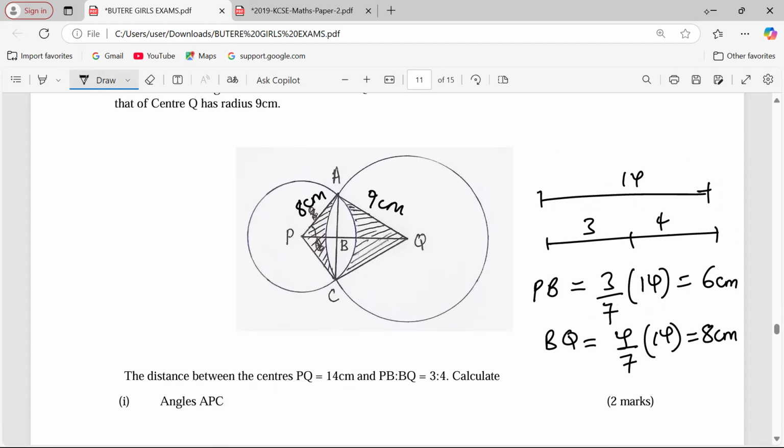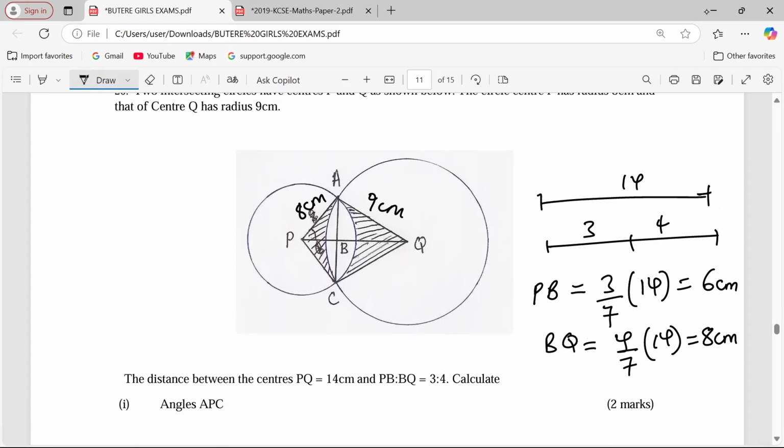So now, let me redraw the diagram here, such that everything becomes more clear. So we are talking of 6 centimeters here and 8 centimeters.